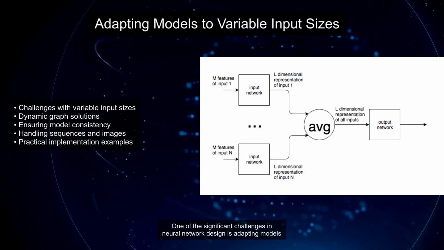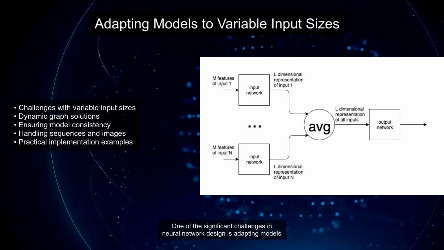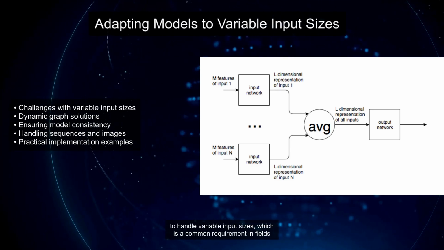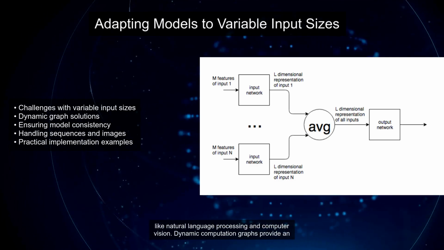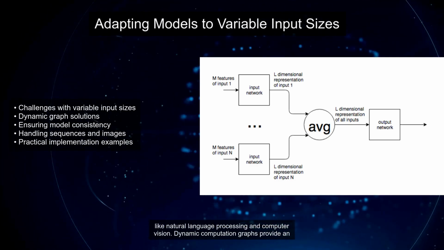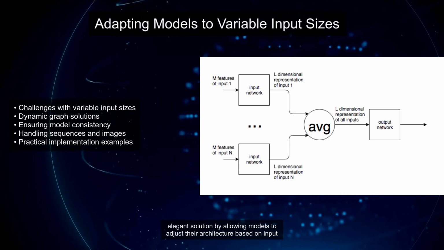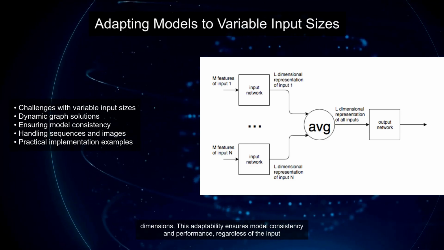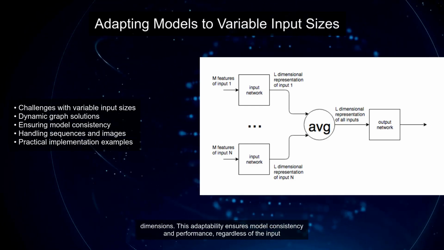One of the significant challenges in neural network design is adapting models to handle variable input sizes, which is a common requirement in fields like natural language processing and computer vision. Dynamic computation graphs provide an elegant solution by allowing models to adjust their architecture based on input dimensions. This adaptability ensures model consistency and performance, regardless of the input size.